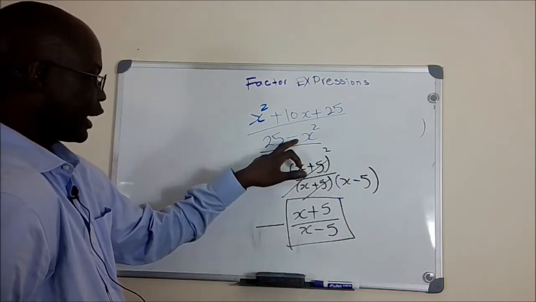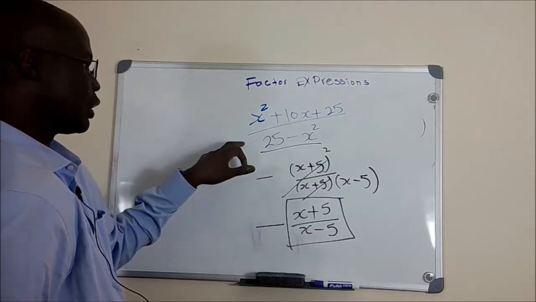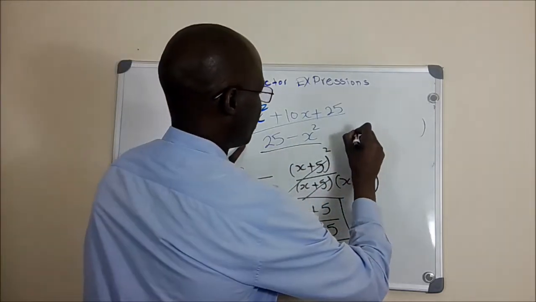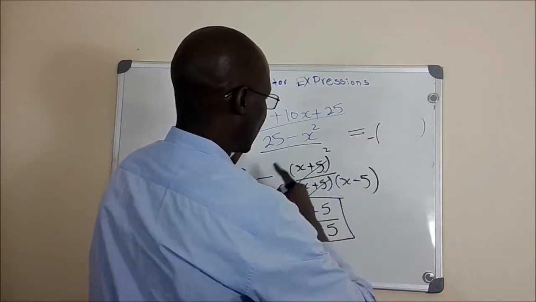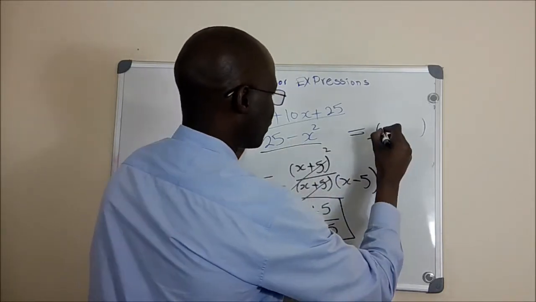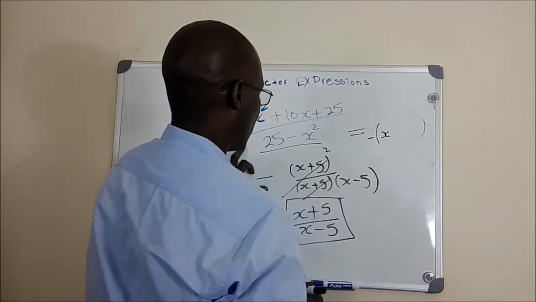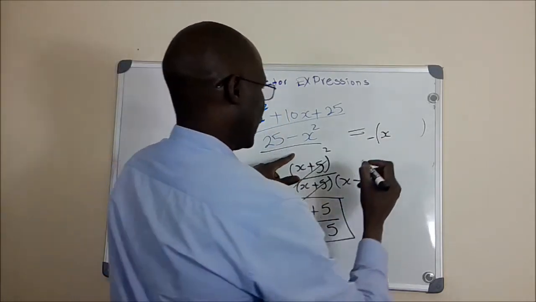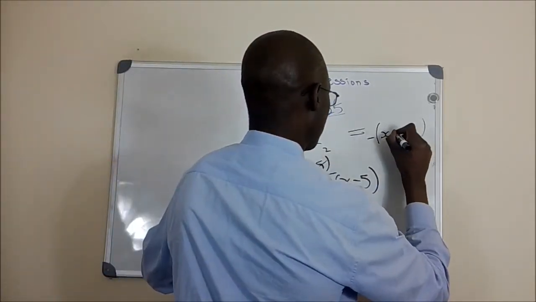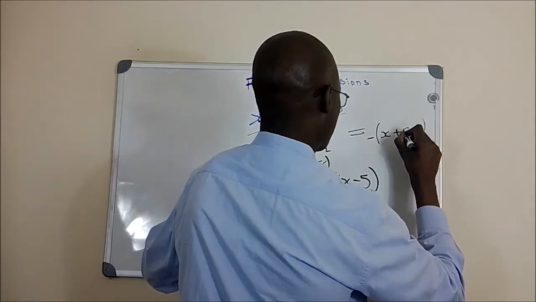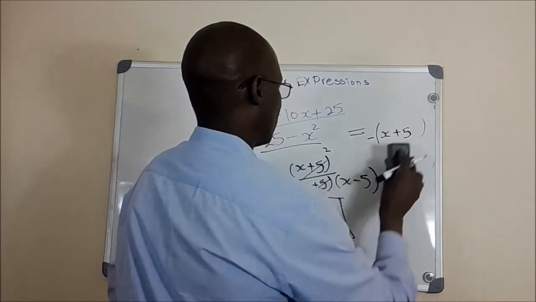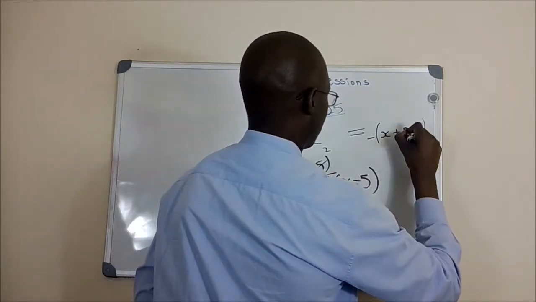Because what we did, actually, we take the minus outside. So if you can see, when you take a minus outside, this one is turned to be a positive. And it should be minus 25, not 25.